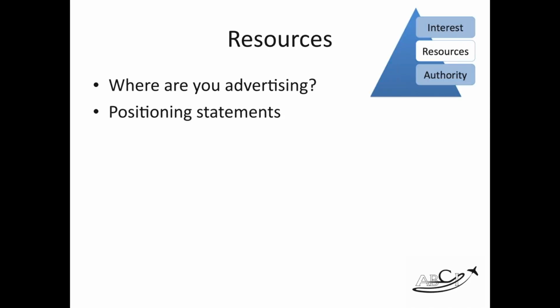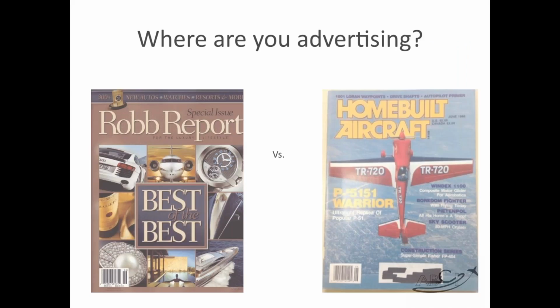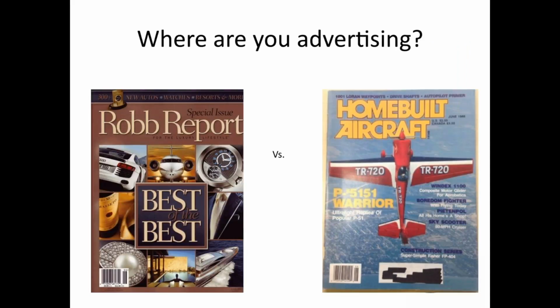So first of all, where are you advertising? There's a big difference between these two magazines, as an example. From any publication, you can get a thing called a media kit. And that media kit will have the demographics of their typical readers, including their income, revenue if it's a company, lots of other types of things.